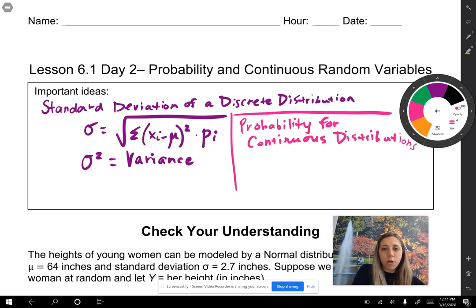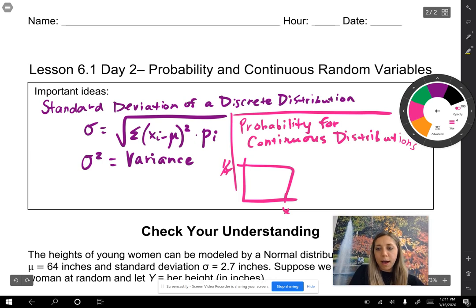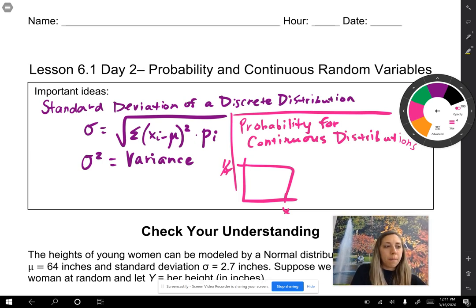If it's uniform, like what we did there, you would have some probability 1 over x, and you would have x on that side, and you would just calculate the area of that box. That would be a uniform curve.